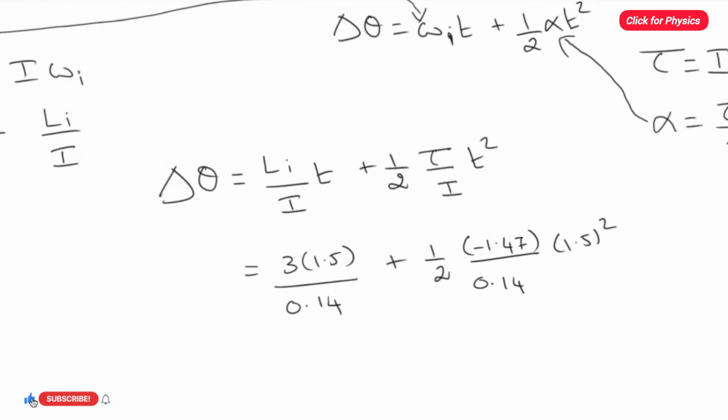So let's find this value first. 3 multiplied by 1.5 divided by 0.14, I got 32.14. And then we have to find this here: minus 1.47 multiplied by 1.5 square divided by 2 multiplied by 0.14, I got minus 11.81.